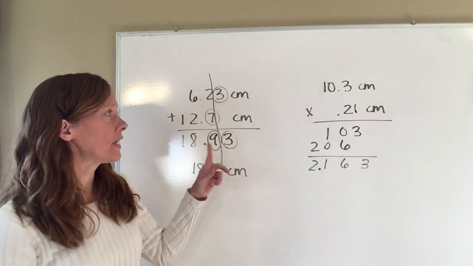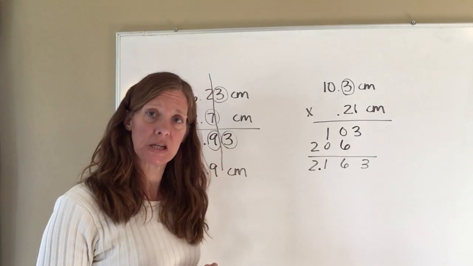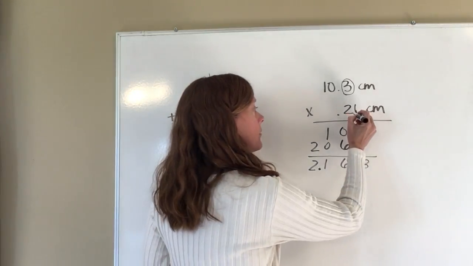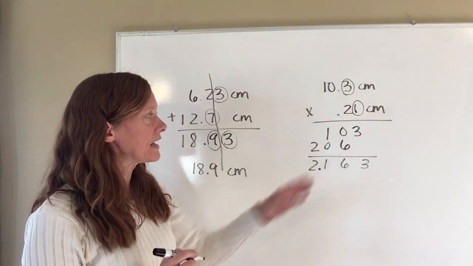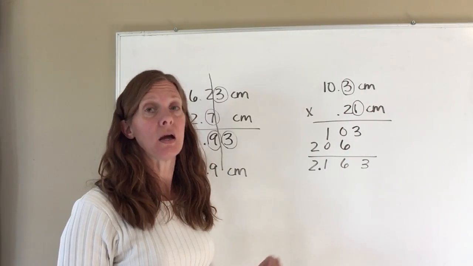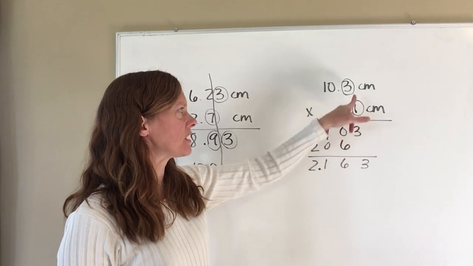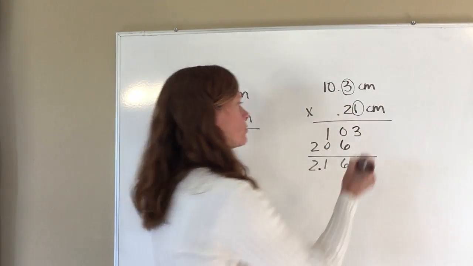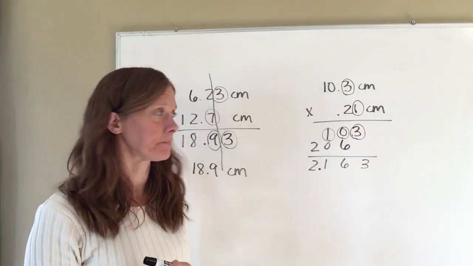Again, just like over here, this 3 has uncertainty in it because of the way we measured, because of the precision of our measuring instrument. This 1 also has uncertainty in it. So therefore, anything that I multiply those two numbers by is going to have uncertainty in it. So since I multiply everything up top here by this 1, 1 times 3, 1 times 0, 1 times 1, all of these digits have uncertainty in them.